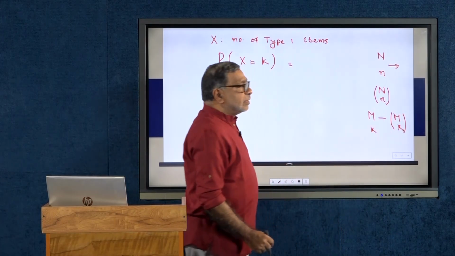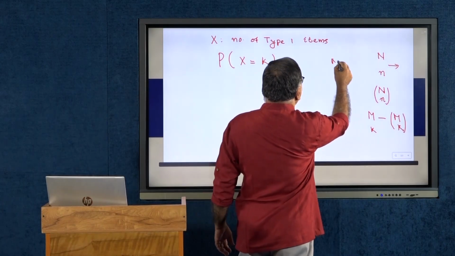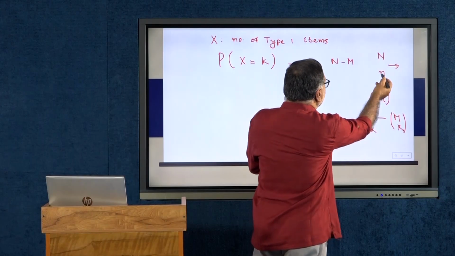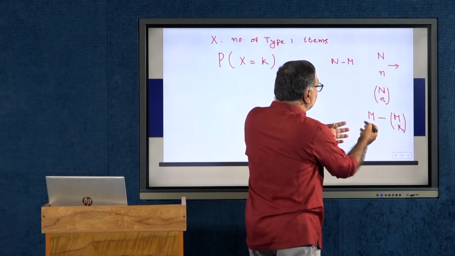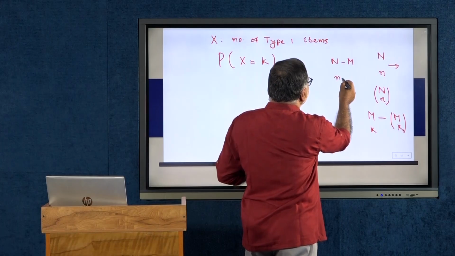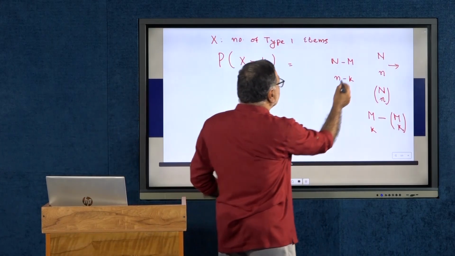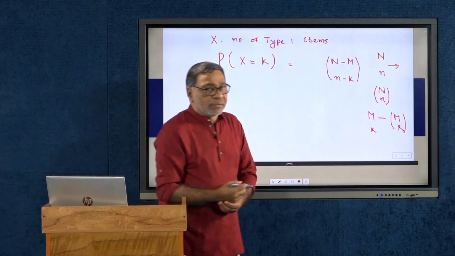And of course there are N minus M items of type 2, and if we are selecting n items and we assume there are k items of type 1, there will be n minus k items of type 2, and that is possible in N minus M C n minus k ways.